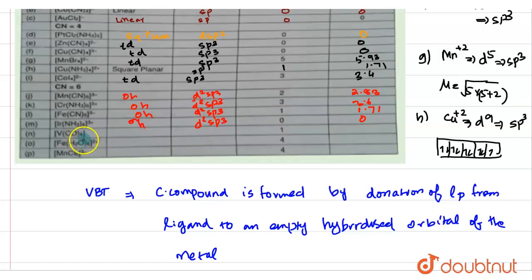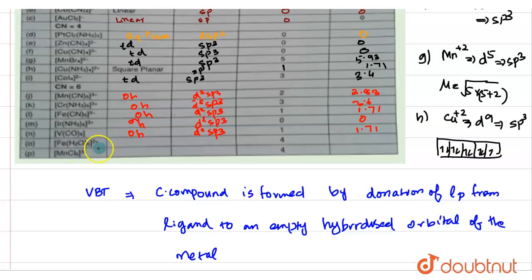Next one is V(CO)6. So we will have 5 electrons. So it will be a d5 system, and a d5 system with one unpaired electron is similar to that shown for the Fe3+ d5 system. So it will again have d2sp3 octahedral and 1.71 Bohr magneton magnetic moment.